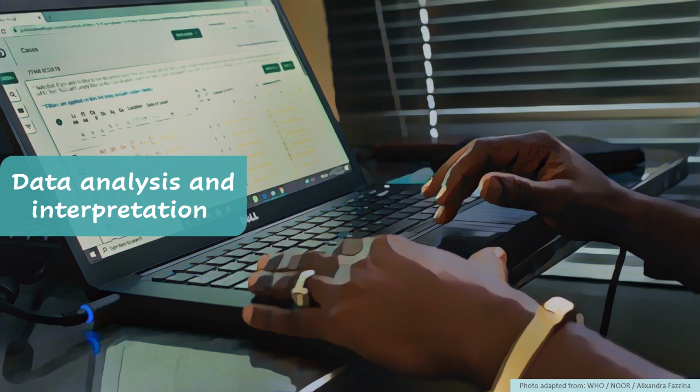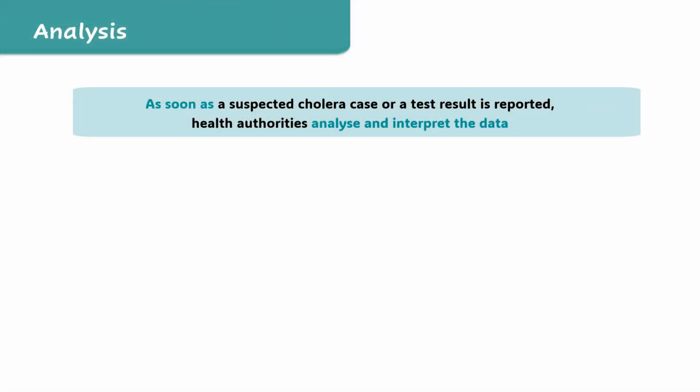Moving on to the next core function of health authorities in cholera surveillance, let's look into the analysis and interpretation of surveillance data when the surveillance objective is to track cholera clusters. To track cholera clusters, time is key. Therefore, as soon as a suspected cholera case or a test result is reported, health authorities immediately analyze and interpret the data.